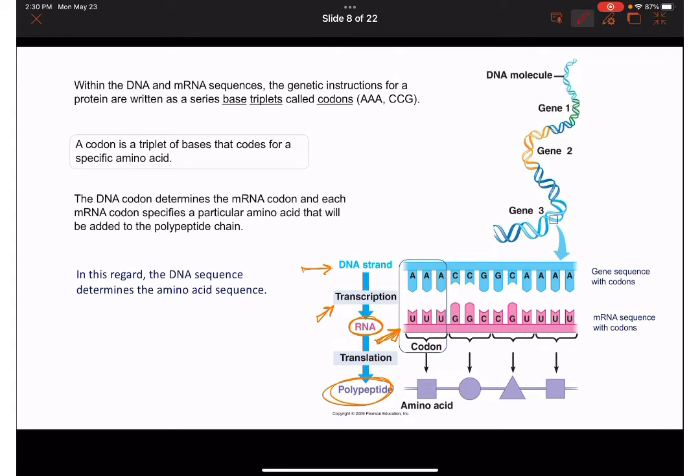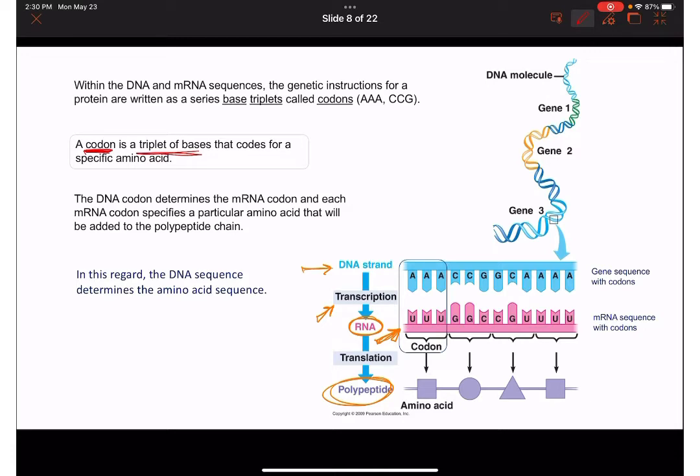And to know how this occurs, there's an important concept to introduce, and that's a codon. A codon is a series of 3 bases, a triplet of bases that codes for a specific amino acid.